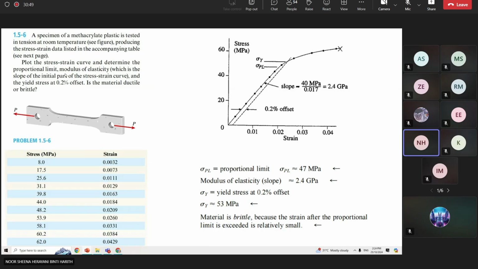Now you have to determine the proportional limit and modulus of elasticity. The proportional limit is sigma PL.